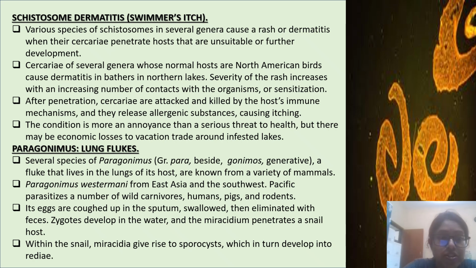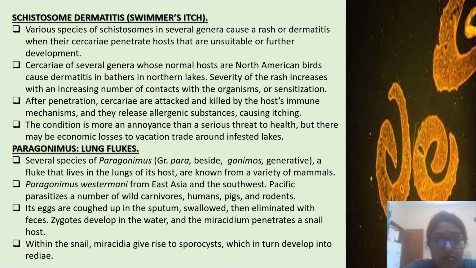Severity of the rash increases with an increasing number of contacts with the organism, or sensitization. After penetration, cercariae are attacked and killed by the host's immune mechanism, and they release allergic substances causing itching. The condition is more an annoyance than a serious threat to health, but there may be economic losses to vacation trade around infested lakes.